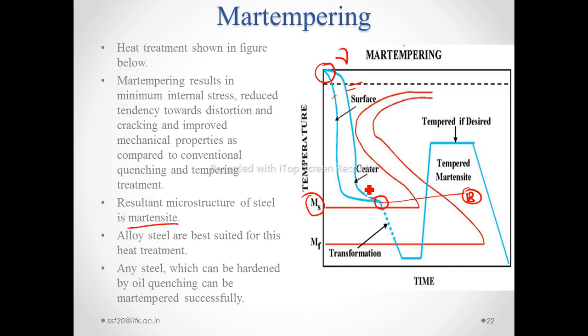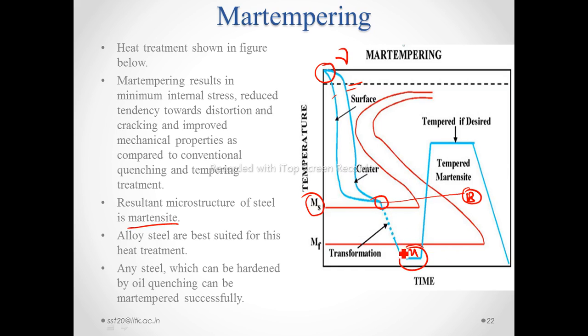But in the Martempering process, we need a bath or quenching medium such that the rate of cooling is very slow, so that it passes over the martensitic start and finish temperatures to get the martensitic structure completely. So we will get a uniform martensitic structure with the help of the Martempering process.